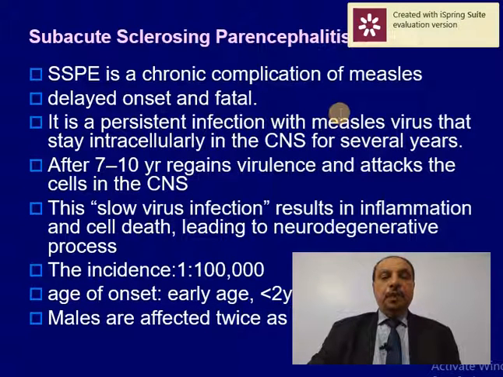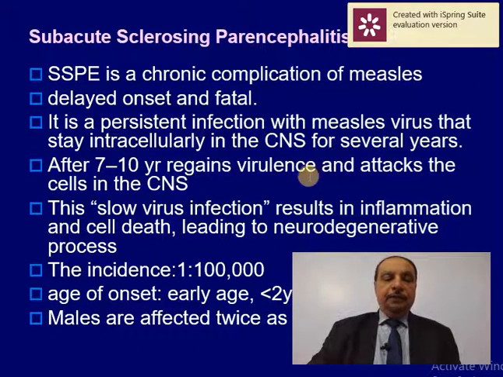The virus will be dormant intracellularly in the CNS for several years, and after 7 to 10 years, it regains virulence and attacks the cells in the CNS and destroys them. So it is considered a slow viral infection, resulting in inflammation and cell death, leading to a neurodegenerative process. The incidence is 1 in 100,000.